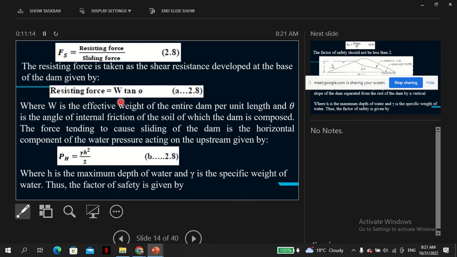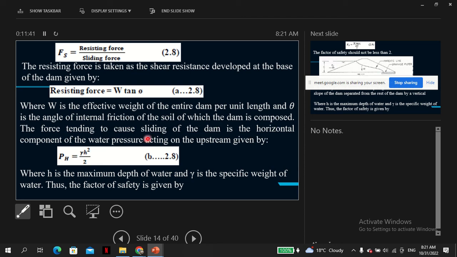You're just talking about an entire body of the dam with one unit weight, where W is the effective weight of the entire dam per unit length, and phi is the angle of internal friction. I think something is wrong. This is usually called phi, not theta. It is the angle of internal friction of the soil of which the dam is composed.